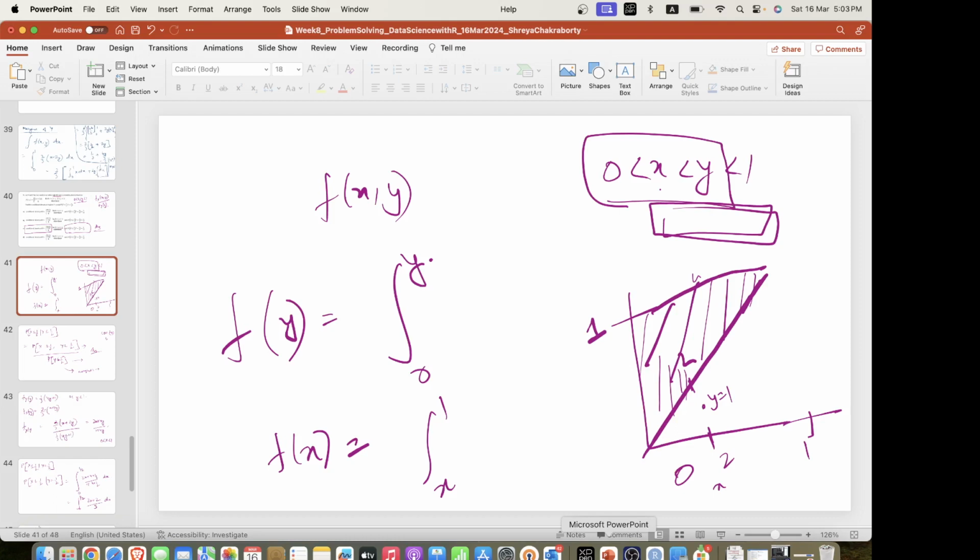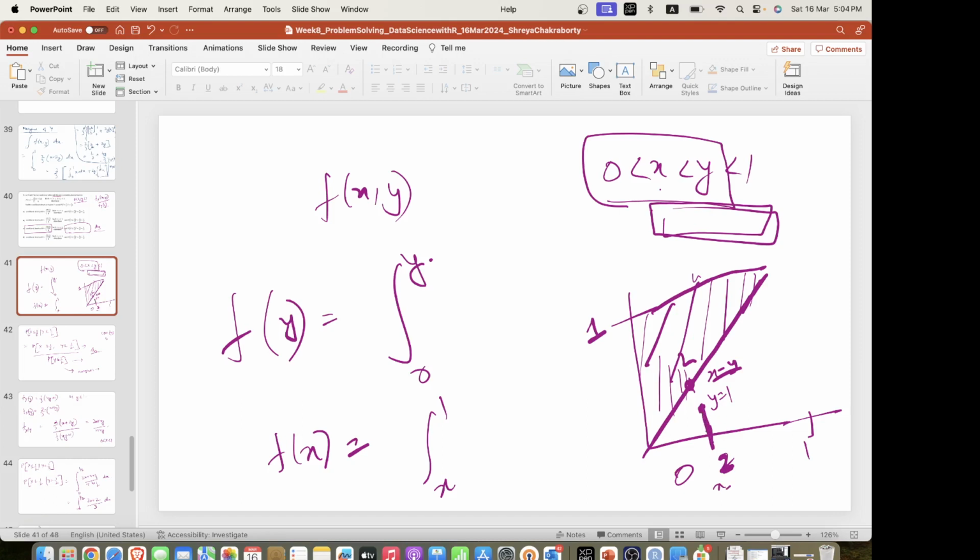A bit confusing. Okay, here this is the x equal to y line, right? If your x is 2, anything below this line, your y should be less than 2. Consider this point, where x equal to 2 and y equal to 1.